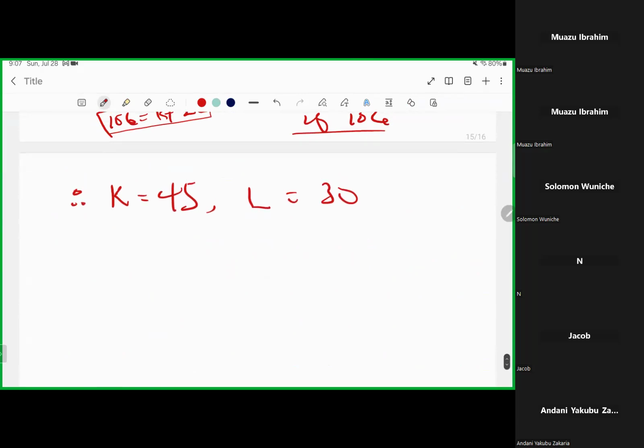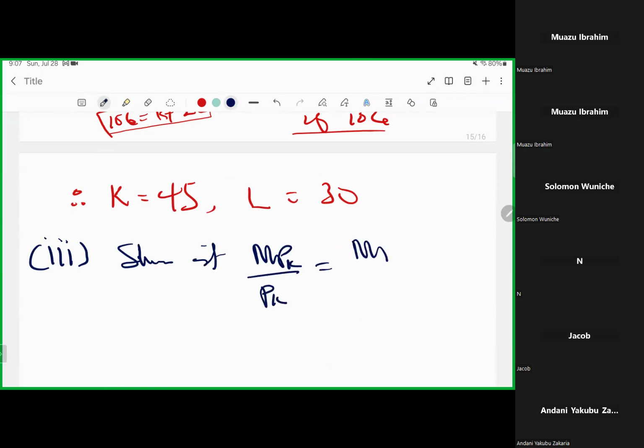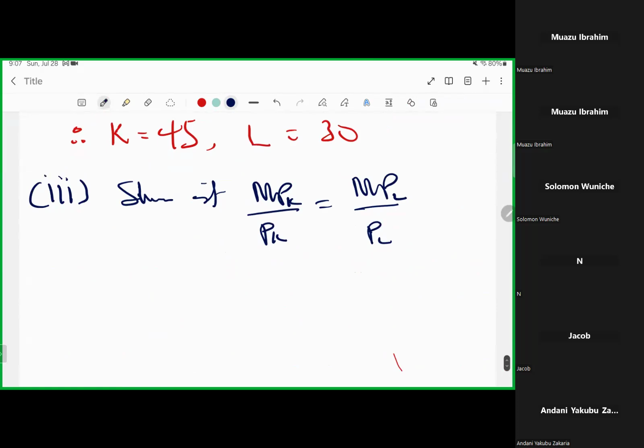That is the third part. We should show that the marginal product of capital over the price of capital is the same as the marginal product of labor over the price of labor. Which means from the production function, we need to calculate the marginal product of capital and also the marginal product of labor.